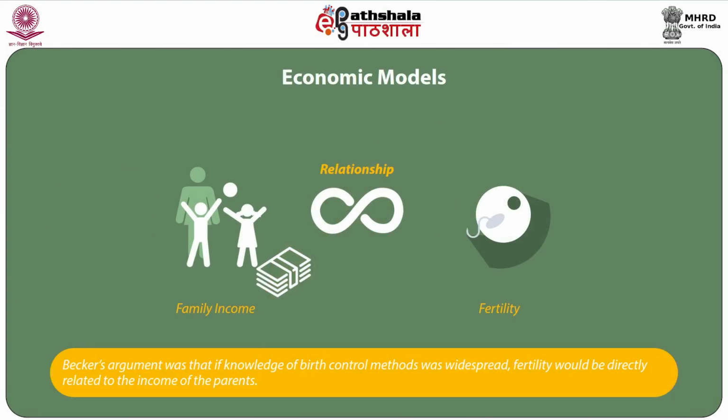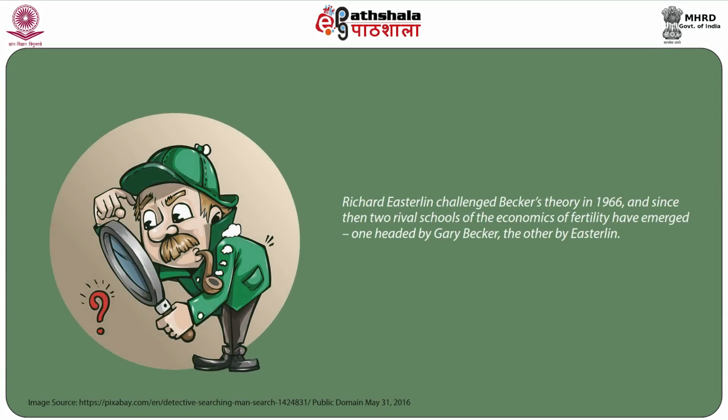Becker's argument was that if knowledge of birth control methods was widespread, fertility would be directly related to the income of the parents. Richard Easterlin challenged Becker's theory in 1966, and since then, two rival schools of economics of fertility have emerged, one headed by Gary Becker and the other by Richard Easterlin.